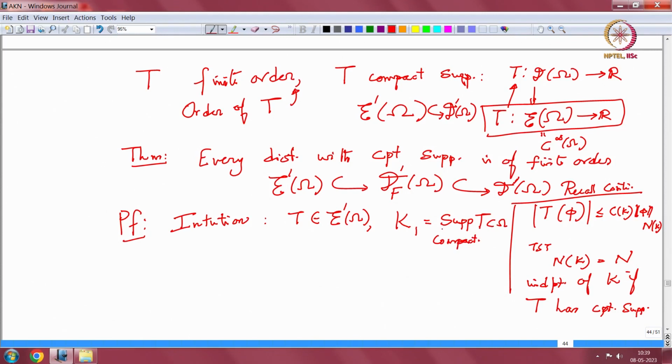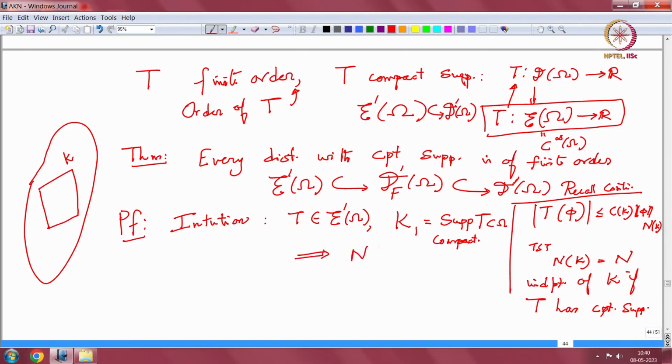So you have a domain omega, and let me give you a picture. For this K1, you have a K1 here. This K1 produces n_K1, by the continuity of T as a distribution. Of course, you have to get n independent of K1. Now, this is K1. Now, suppose K is here.